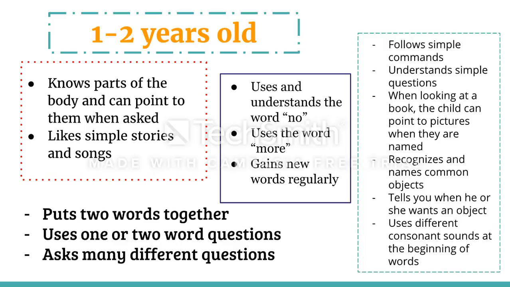They will enjoy simple stories and songs, begin putting two words together, things like more cookie, more juice, and other similar combinations to that. And they will start using 1 or 2 word questions and asking many different questions. And they will be able to use and understand the word no and also the word more.